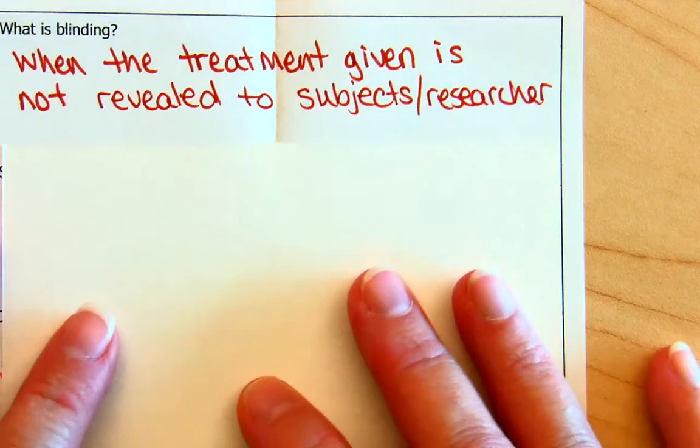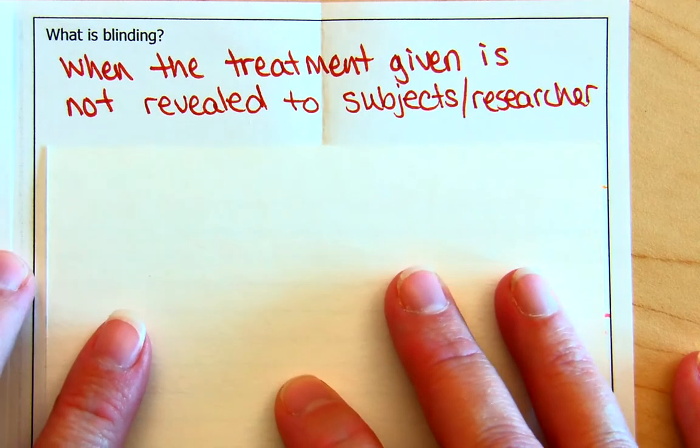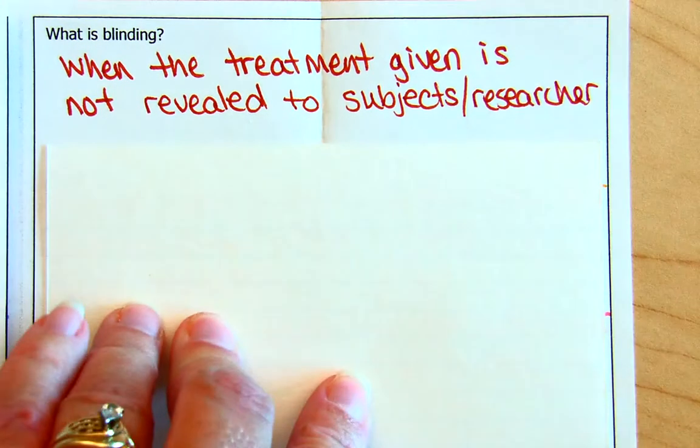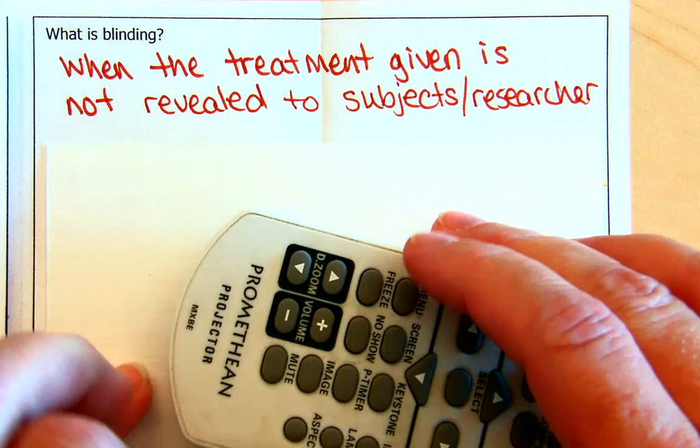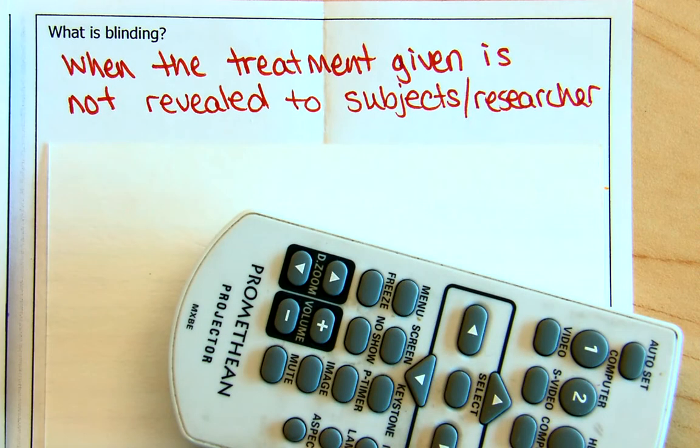So what is blinding? Blinding is when a treatment is given and it's not revealed to either the subjects or the researcher which treatment is being given.